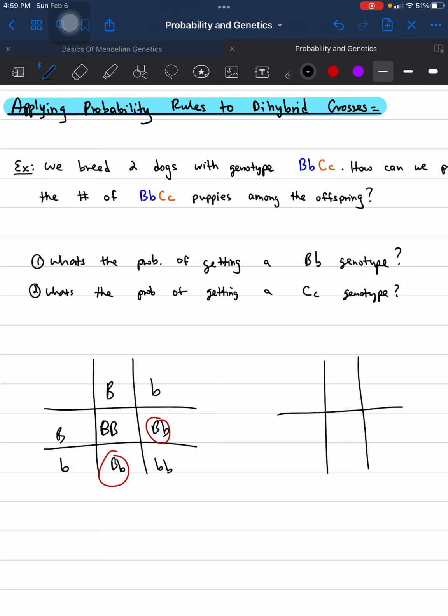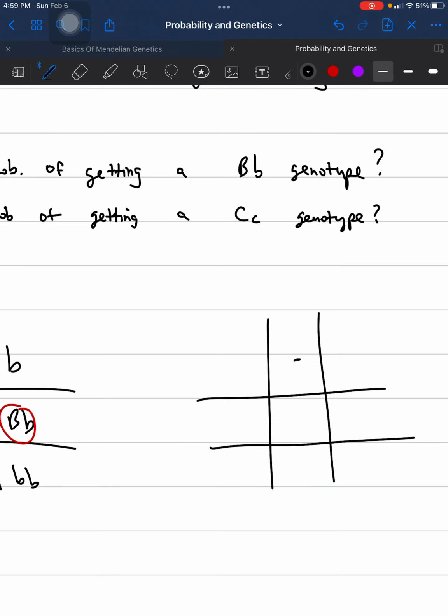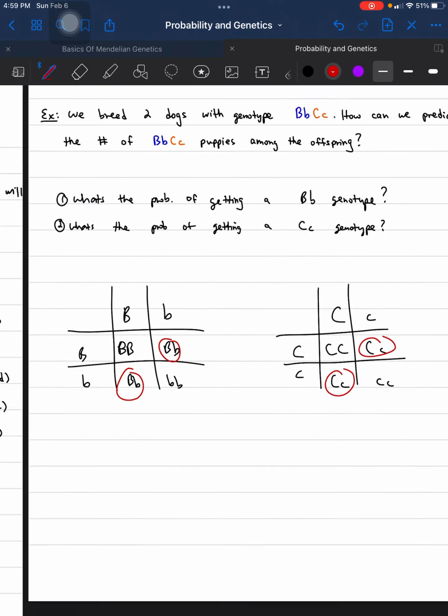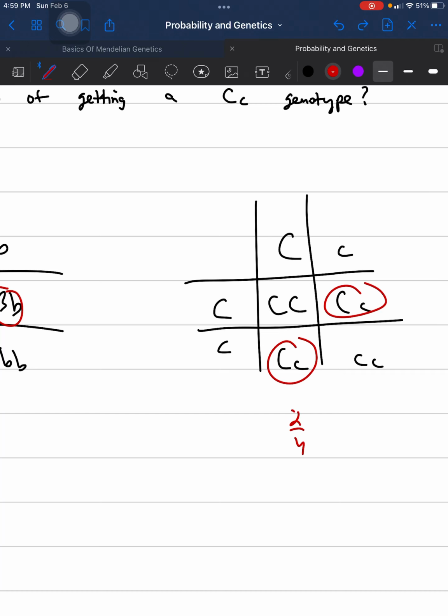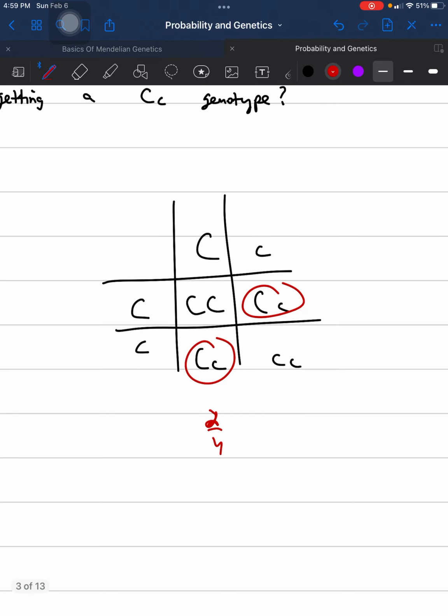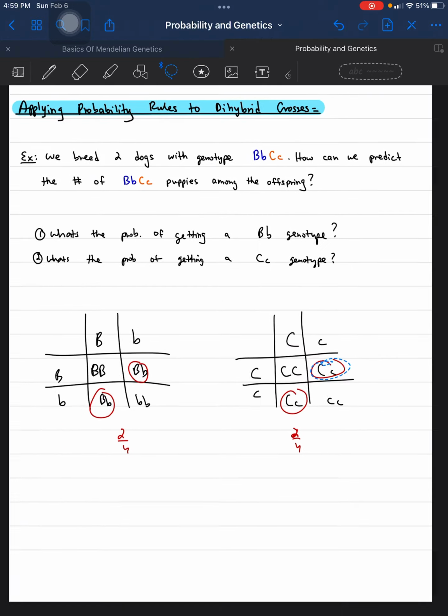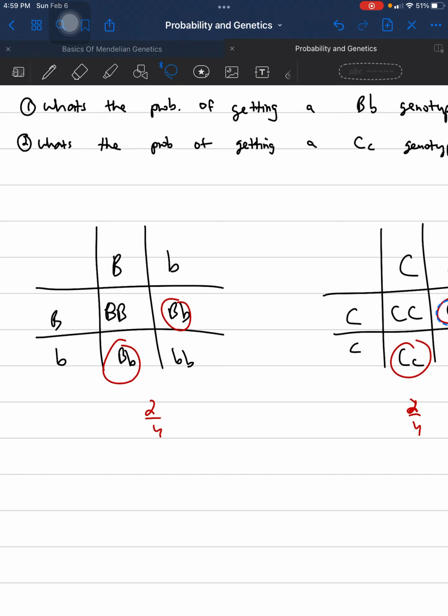Now, if you do another cross for the second trait, we get this again. We get 2 out of 4 again, right? So over here it's 2 out of 4, 2 out of 4. So 2 out of 4 chance of getting a heterozygous version of this allele, and 2 out of 4 chance of getting a heterozygous version of this allele.